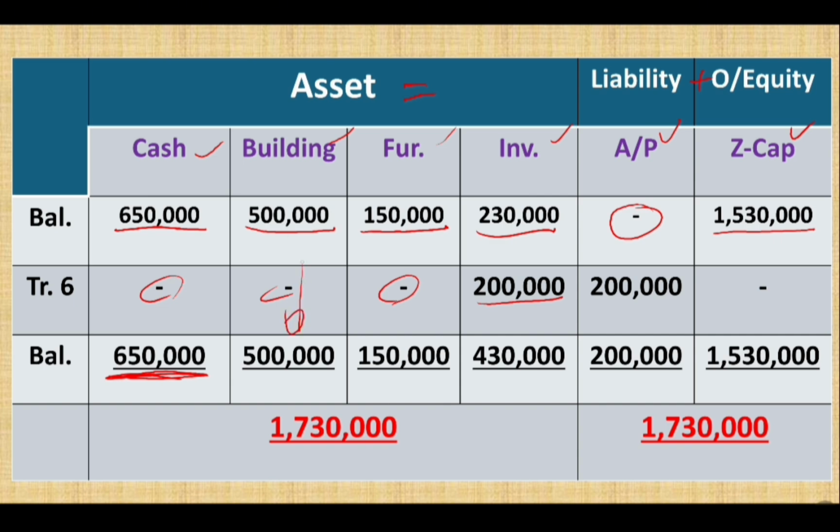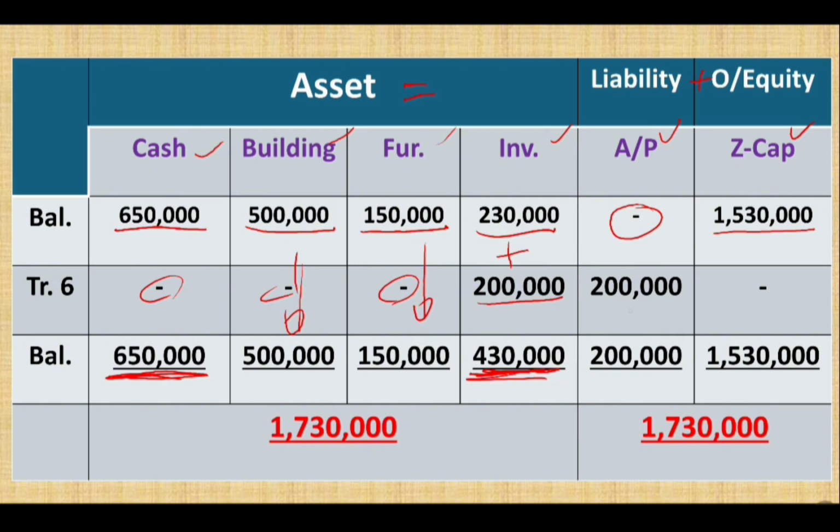The balance of cash after transaction 6 is 650,000 plus 0, which is 650,000. The building is the same, 500,000. The furniture is the same, but in the case of inventory, the balance after transaction 5 was 230,000. During transaction 6 we have 200,000 inventory added.